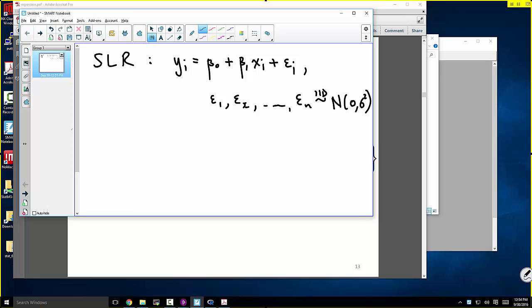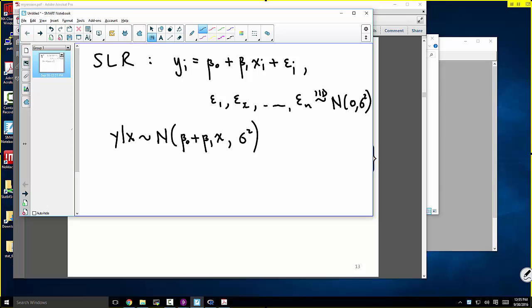That means that the distribution of y given x is itself normal, and it has a mean beta 0 plus beta 1 x, and a variance equal to the residual variance.